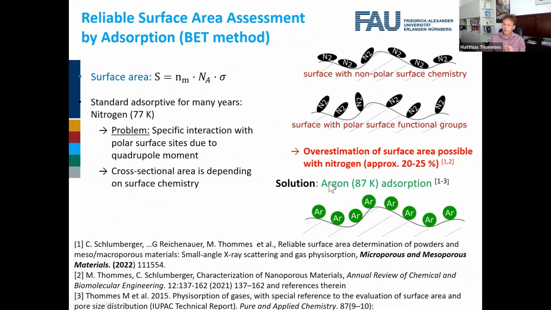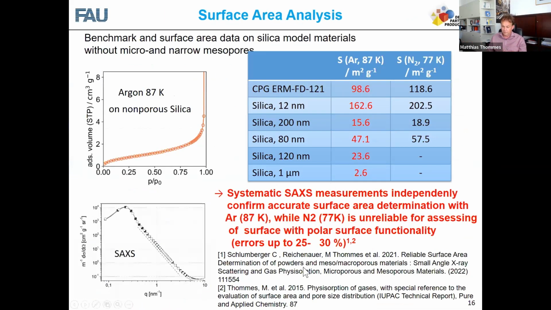In order to look into this in more detail recently, and to prove this in a completely independent way, and now I go quickly, I just refer you to the literature. The idea is also mentioned already in the IUPAC recommendations from 2015, but also very recently in collaboration with Gudrun Reichenauer from the Center in Würzburg, which is one of Germany's leading institutions for applied energy research, we looked into analyzing model silica materials which do not have any type of microporosity.